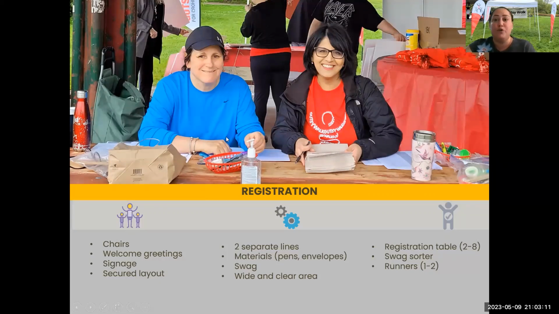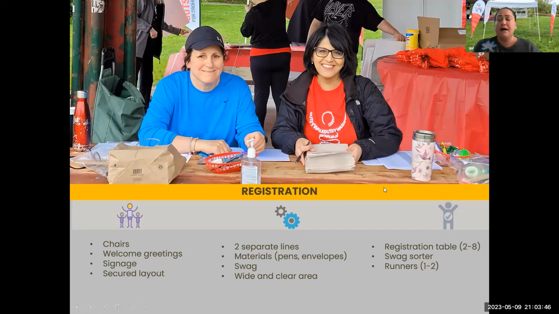And then if you have enough volunteers, we recommend that you have greeters at the entrance and also close to the registration area, so they can direct people to the registration and also ask them if they did their check-in or filled out a pledge form. If you don't have enough volunteers to have greeters, we recommend that you have some signage from the entrance to the registration area.